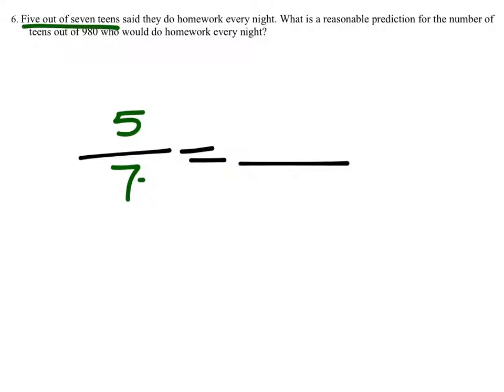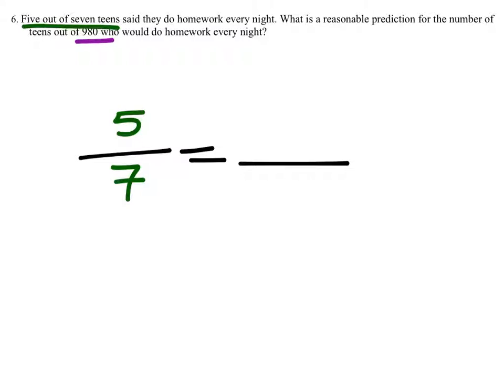Five out of 7 teens said they do homework every night. What is a reasonable prediction for the number of teens out of 980 who would do their homework every night? Okay. 0%. Well, if it's you, but everyone else, maybe not so low. All right, so it tells us that 5 out of 7 do their homework every night.